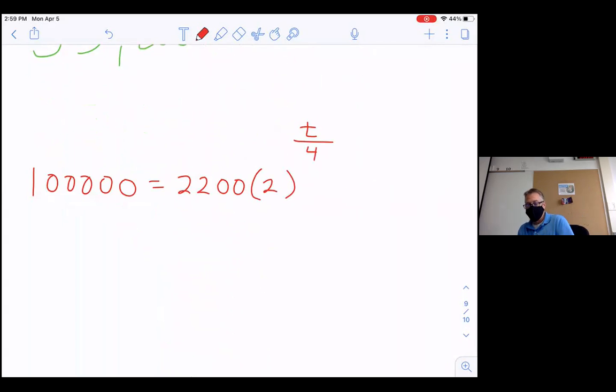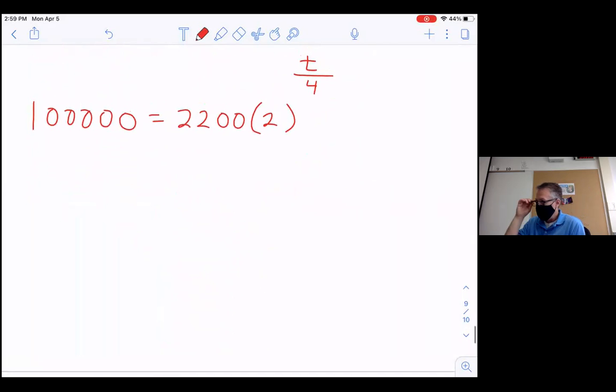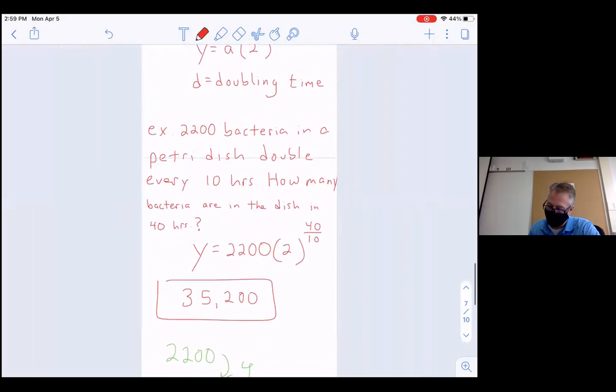Any ideas on how we might solve for that? Got to solve that for t. Any idea? Come on, you people at home, feel free to chime in. Anybody? I'm referring to the same problem. Oh, I'm sorry, you're right. It should be 10. The doubling time is 10. Thank you very much. My mistake.